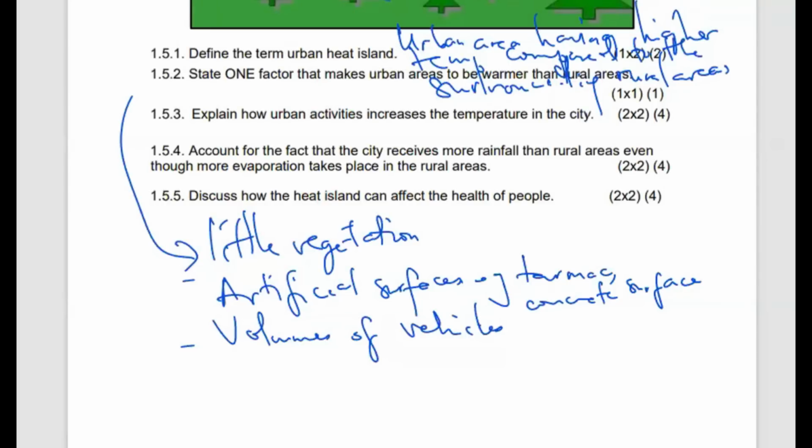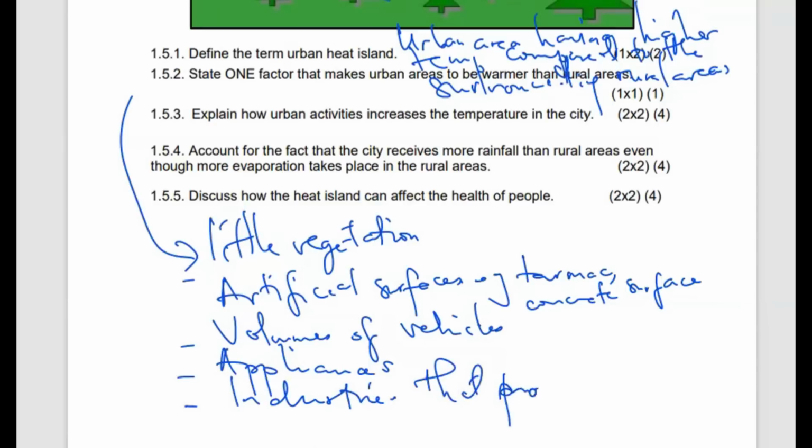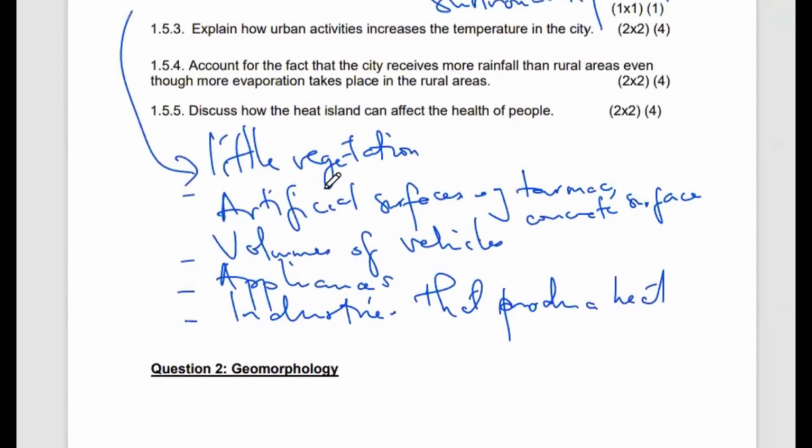So among some of those reasons, you can also argue on appliances that generate heat, or you can talk of industries that produce heat. So those are some of the contributing factors why we have higher temperatures in the urban areas compared to the rural areas.